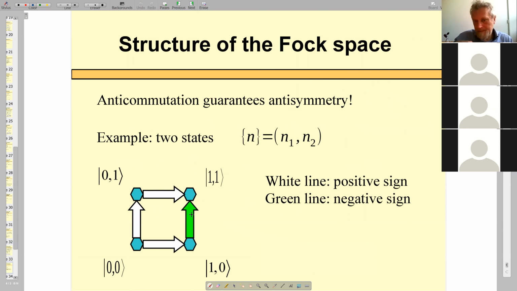Right, so let's get to the same example as for bosons. Two levels, two-dimensional space. Now we see there's some difference. We can go from state 0, 0 to state 1, 1 in two different ways. First creating in the first level, and then creating in the second level. Or otherwise, first creating in the second level, and then in the first level.